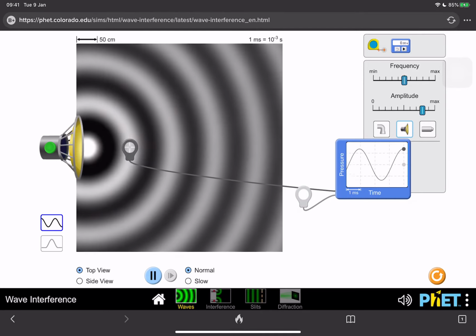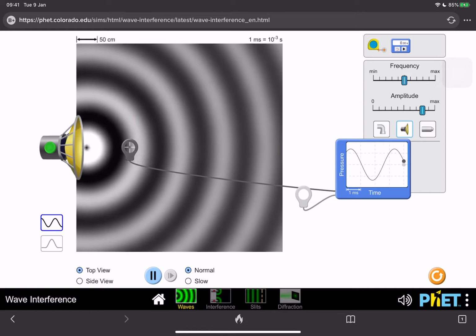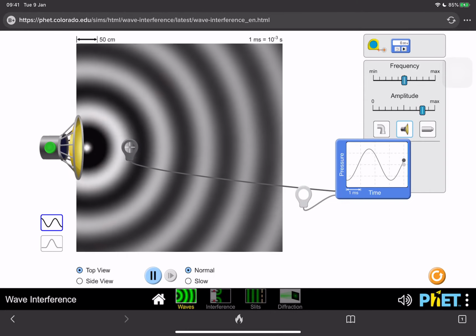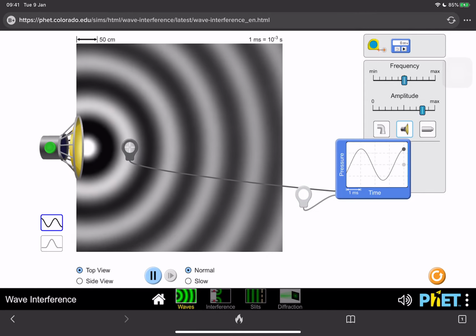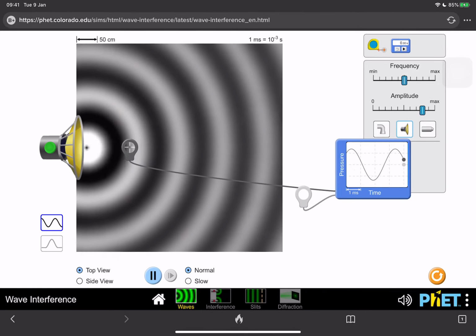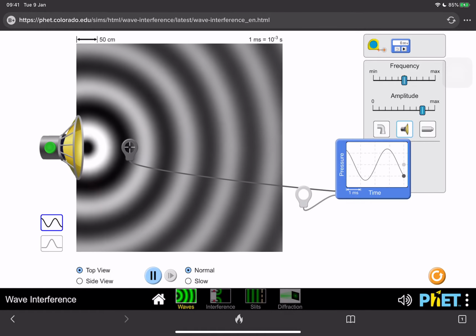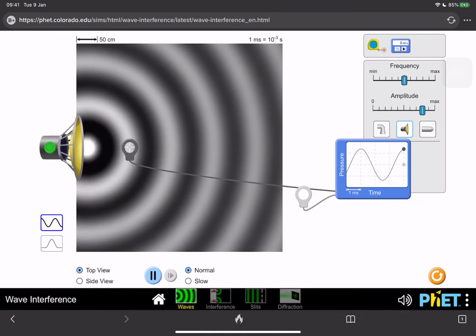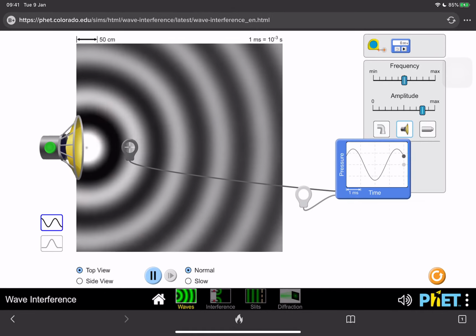So essentially what it's showing is the displacement of the air molecules at the location of the probe. And you can see that it's going up and down. So it's moving like a simple harmonic motion, just like what we talked about a few lectures back.